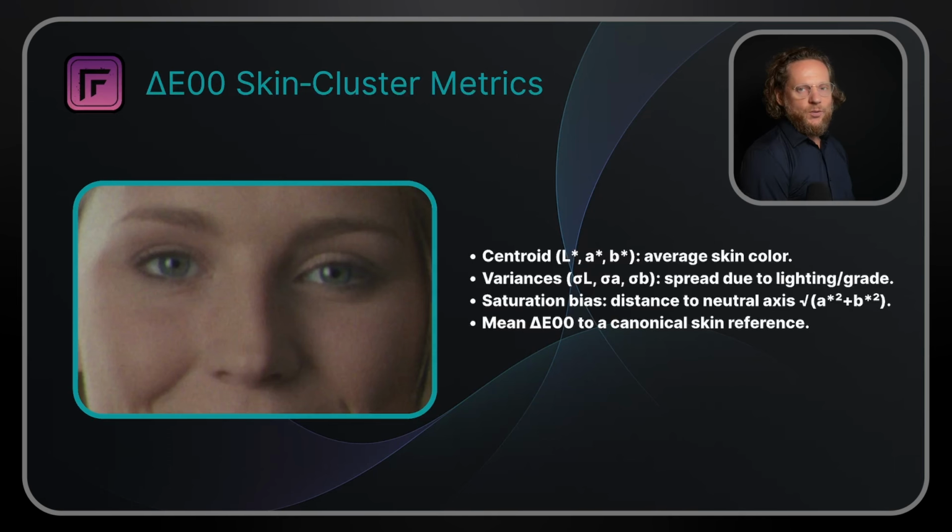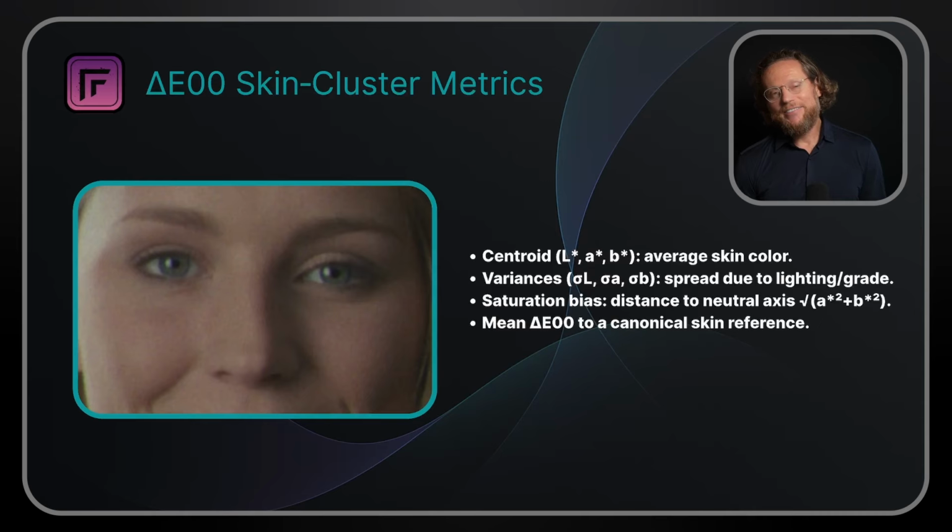So what we do is we sample the skin area, and then we create an average value for that area, and then we calculate the variance in there. This is kind of like when we sometimes retouch and we say, hey, limit my gamut, limit my hue.